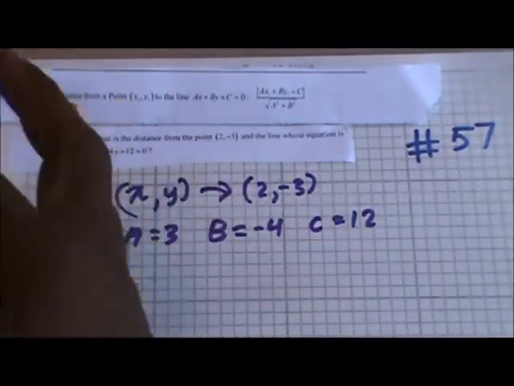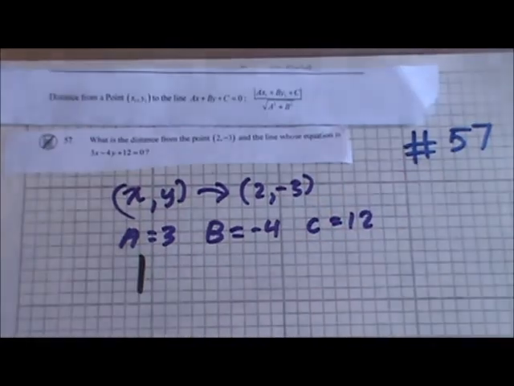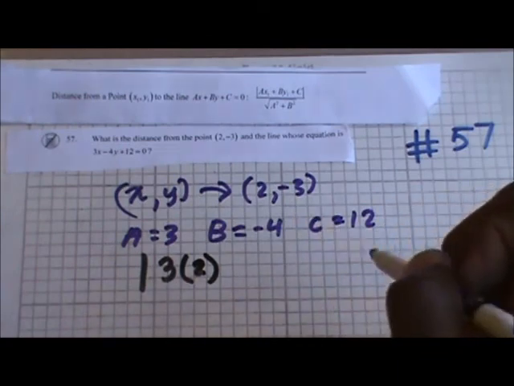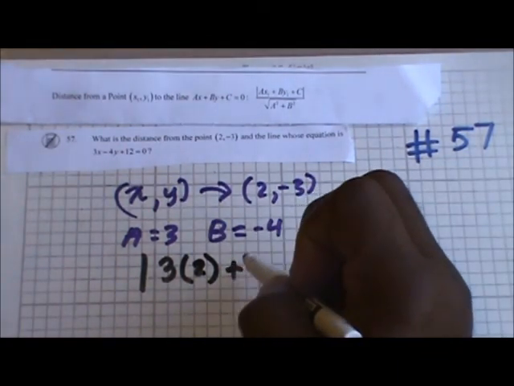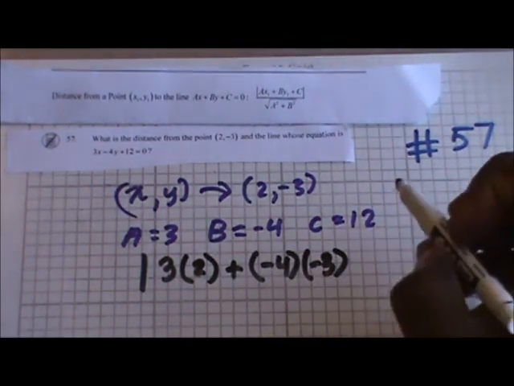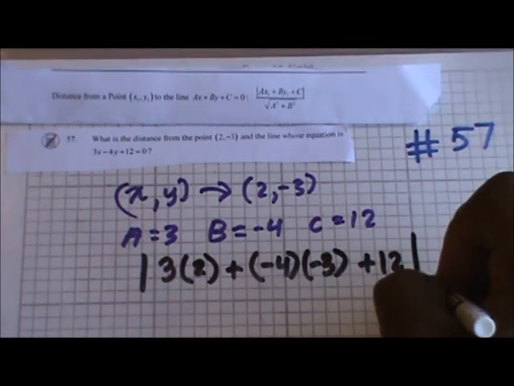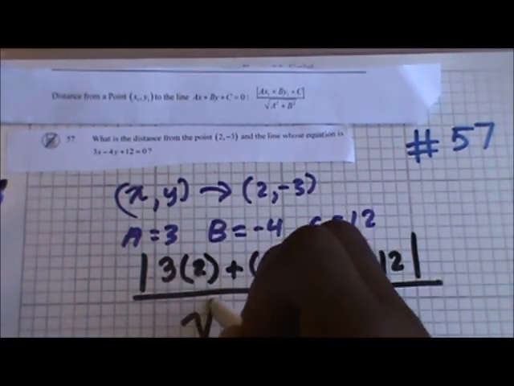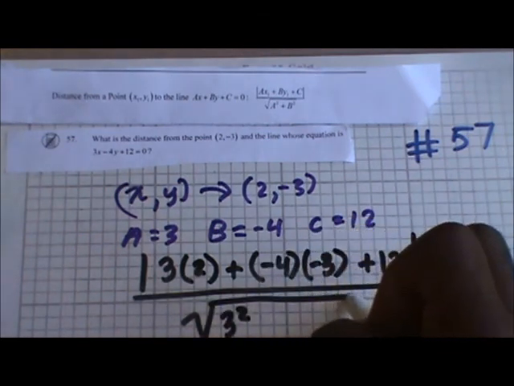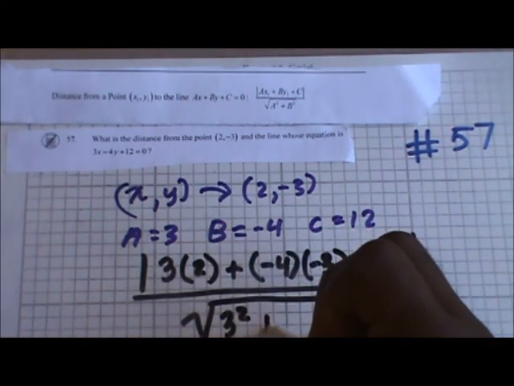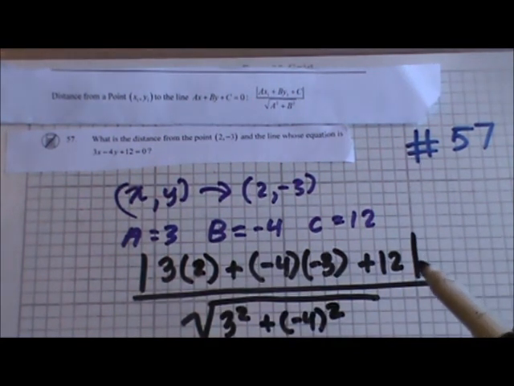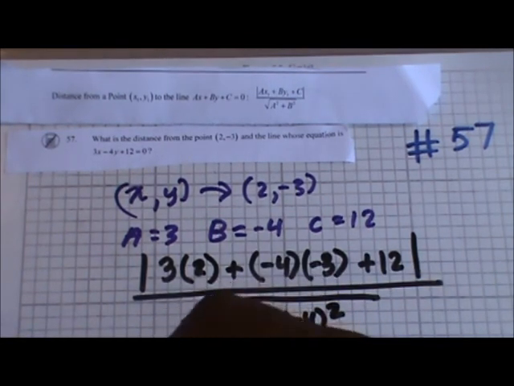So we have the absolute value of 3 times 2 plus negative 4 times negative 3 plus your 12, all over the square root of your A value, which is 3 squared, plus negative 4 squared. That's everything plugged into the problem.